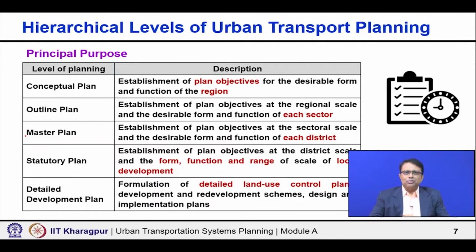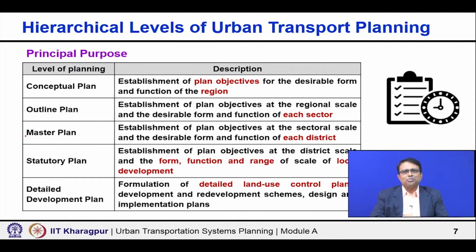Then going into further details of master plan, here we are talking about establishment of plan objective at the sector scale, because already we got introduced to sector level, right. So, sector scale and then further the desirable form and function of each district.